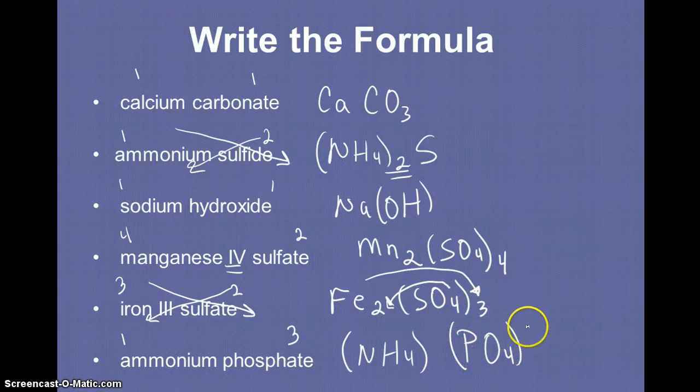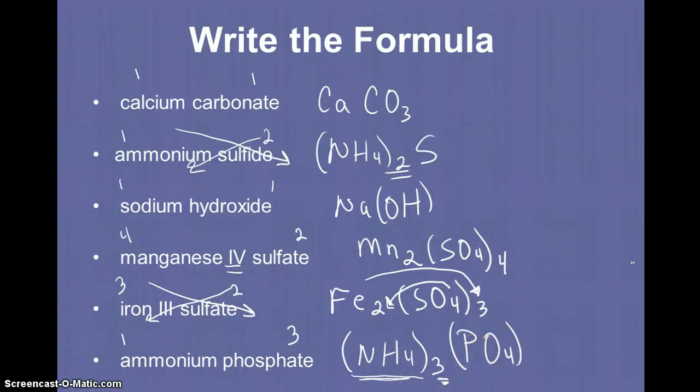Remember, phosphate had an oxidation state of 3, so it comes over here, and ammonium had an oxidation state of 1 here, but again, we don't write the 1s. So we have (NH4)3PO4. You have to have these parentheses here when you have a subscript outside of these parentheses. So this is telling me 12 hydrogen, 3 nitrogen. Over here I have 4 oxygen, 1 phosphorus.